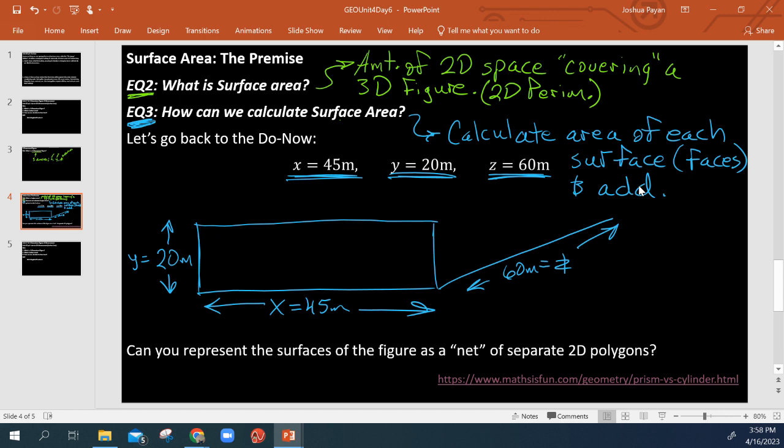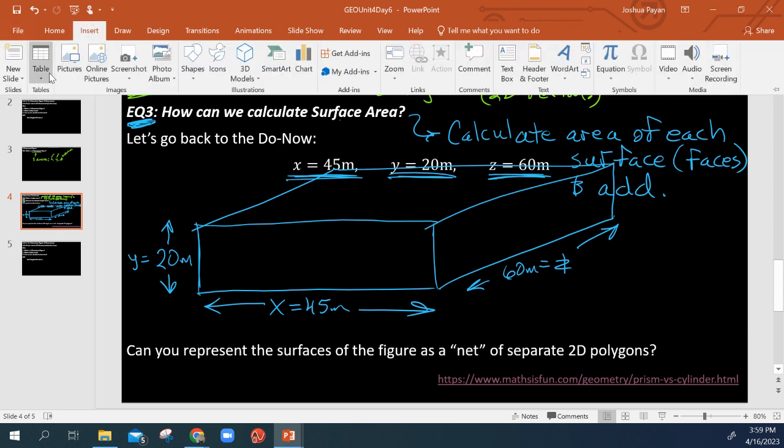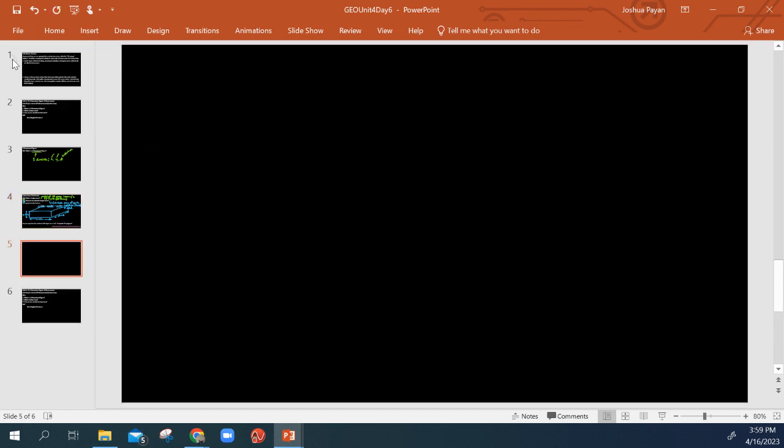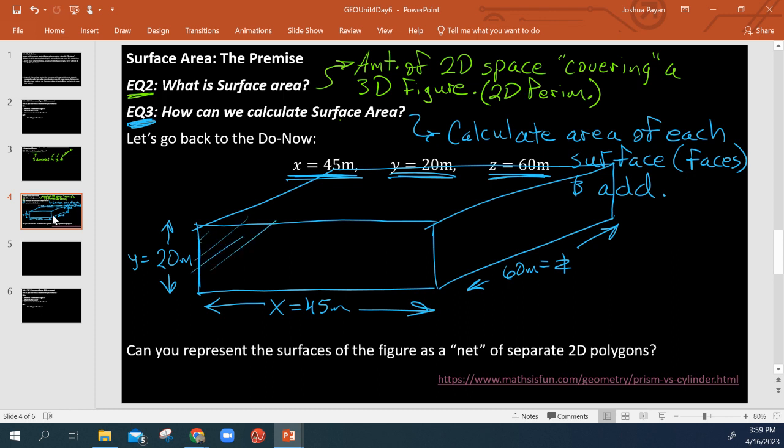Okay, so kind of putting this into perspective, right? This is a pretty large figure. Now if I wanted to know, well, how much surface area does this occupy, right? I would have to break this down into multiple surfaces, right? So let's look at it. So we have this front surface, right?